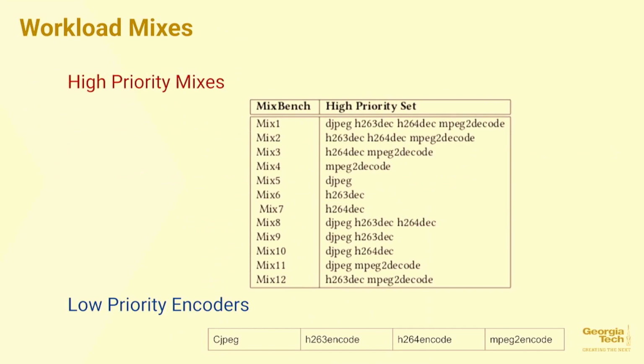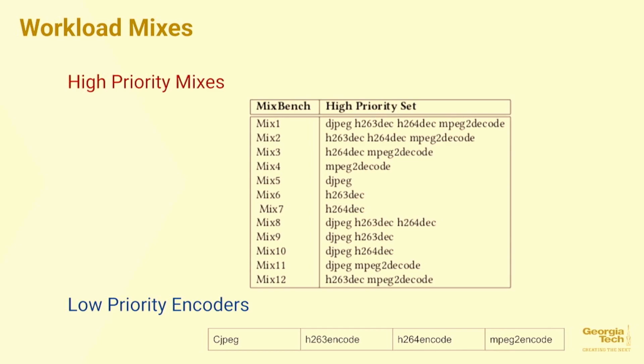So as I said, we divided the benchmarks into a high priority and a low priority set. The encoders are usually on the slower path in the media streaming domain and can be run as low priority processes. The decoders, on the other hand, are customer facing and are latency sensitive. Similarly, the vision applications are also latency sensitive.